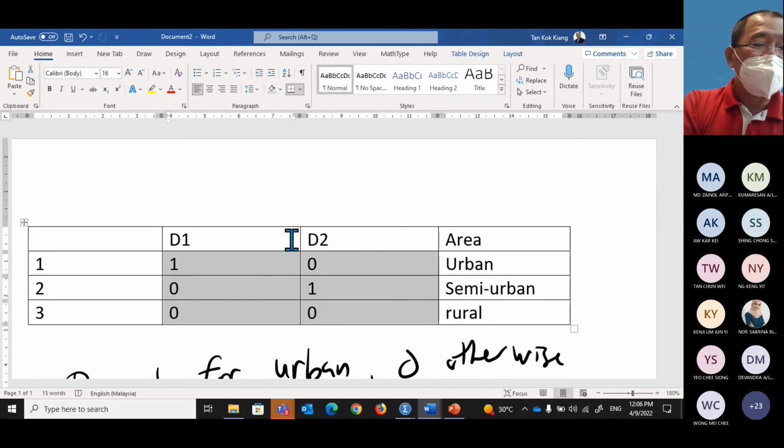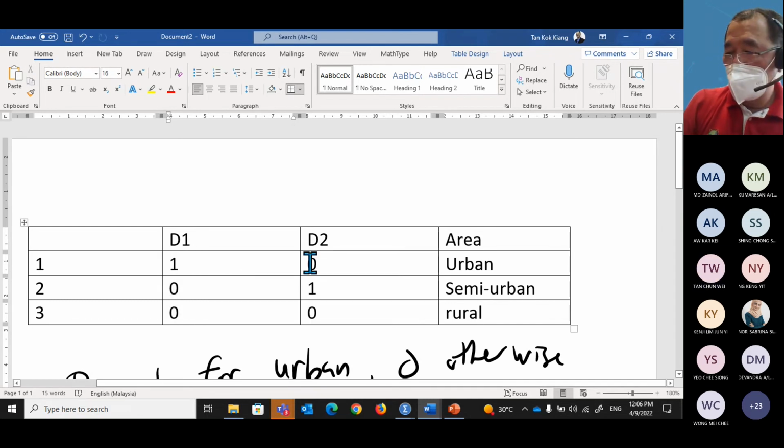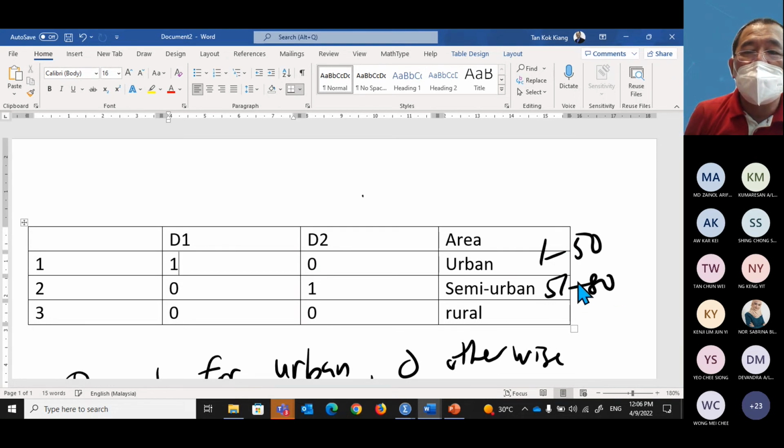The first 50 with 1 0 means urban, and 51 to 80 is semi-urban, therefore D2 equal to 1 means semi-urban. And 0 0 means the area is not urban and not semi-urban, therefore it's rural.